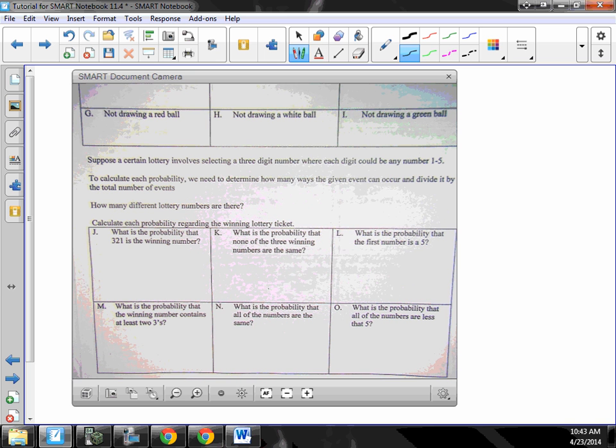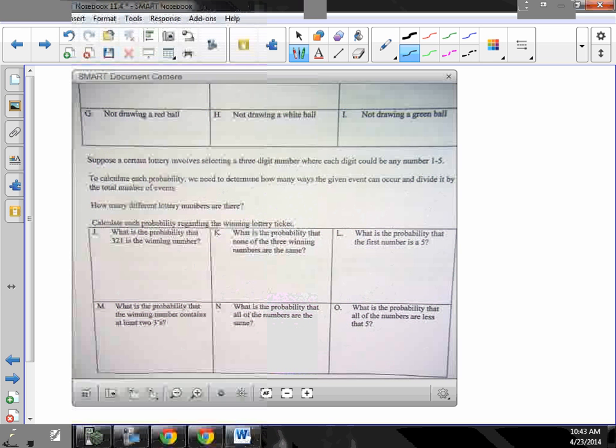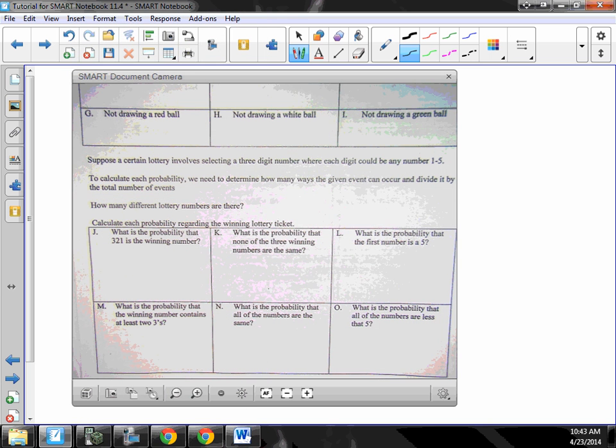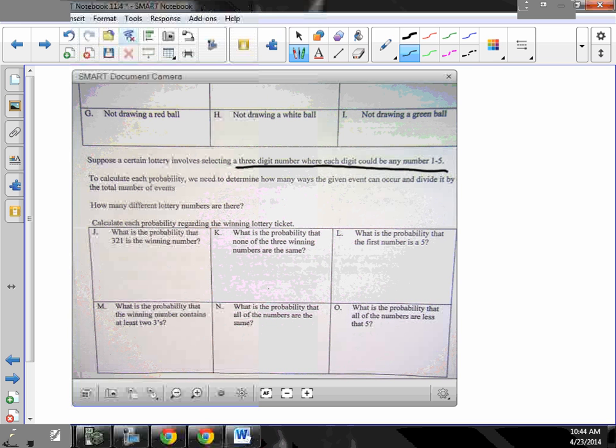Well, is the number 123 different from the number 321? Yes. So that means it's a permutation. With replacement or without replacement? Well, let's look here where each digit could be any number 1 through 5. So could I have 222? Yes. So it's with replacement. Whenever you have permutation with replacement, you line up your digits.